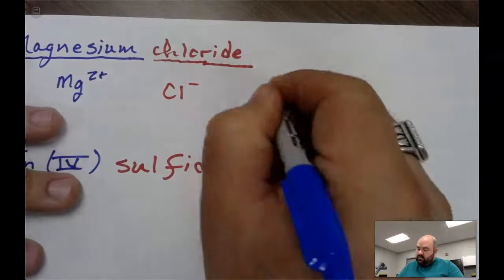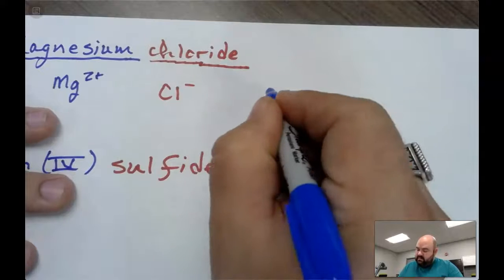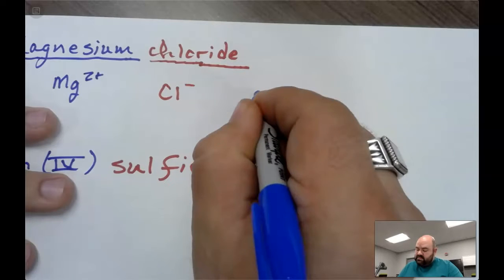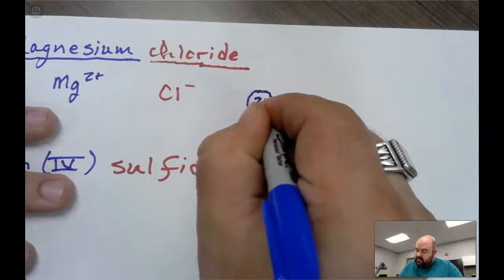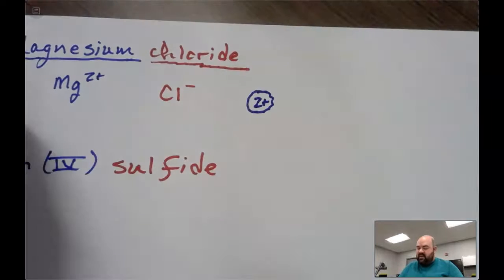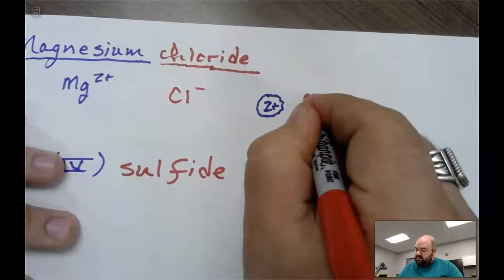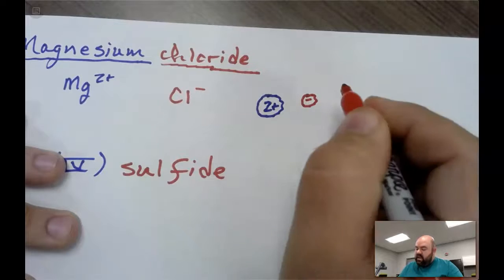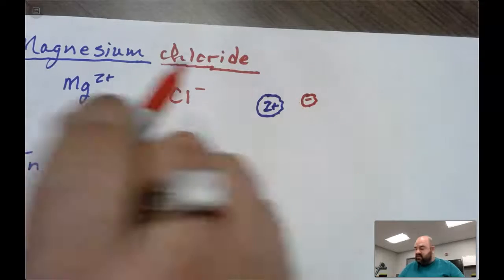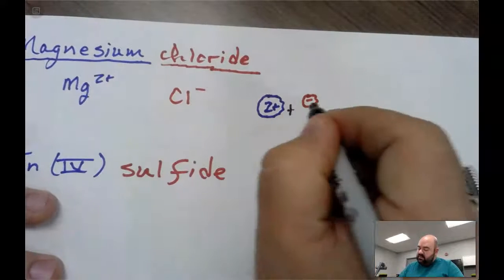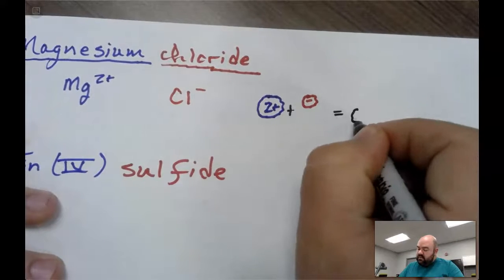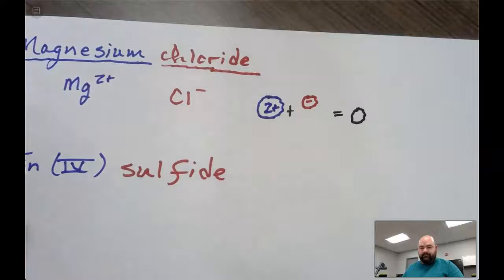So we have this 2+ charge, and we have a -1 charge. And they have to add together to equal 0 in an ionic compound.